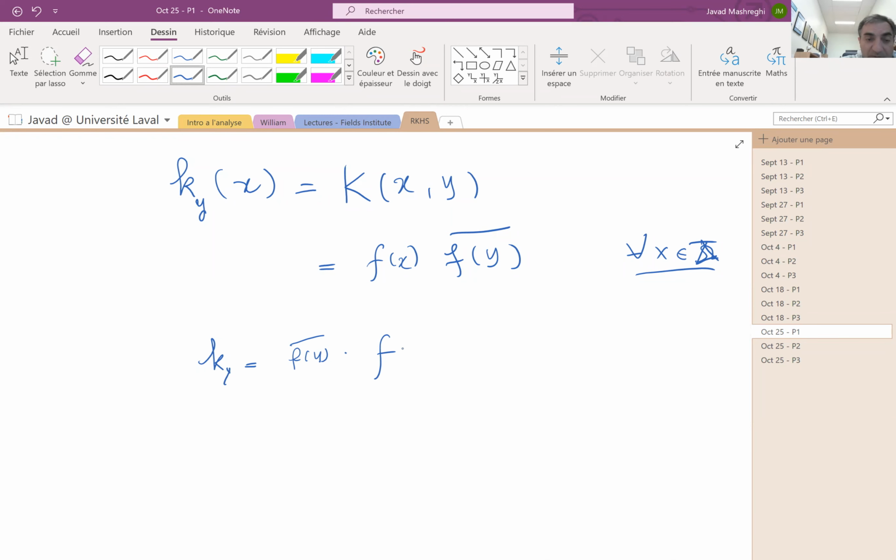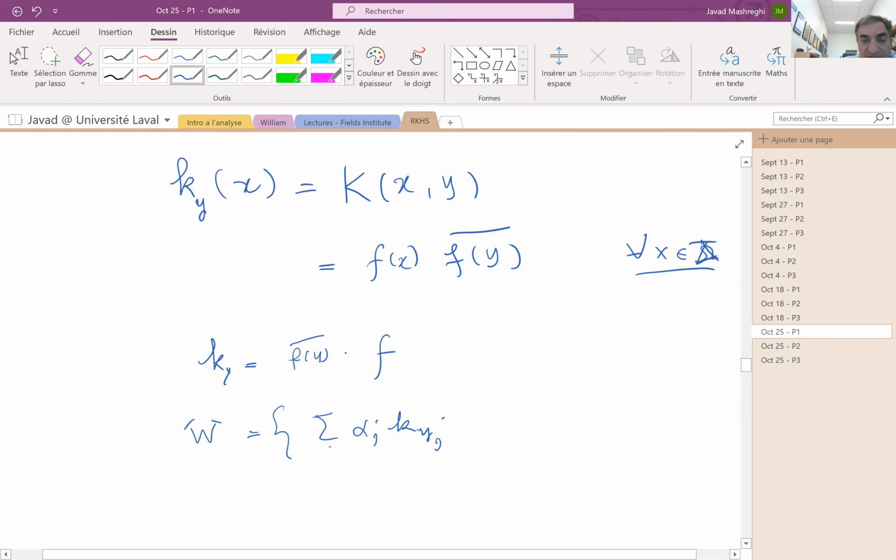And if you remember the space W, the space W was the space of all linear combinations of alpha_j k_{y_j}, with different values of alpha_j and y_j. But it doesn't help that much. If you consider different values of y_j, it gives you different coefficients here. And you multiply by alpha_j, that's another coefficient, and sum them up is still another one.